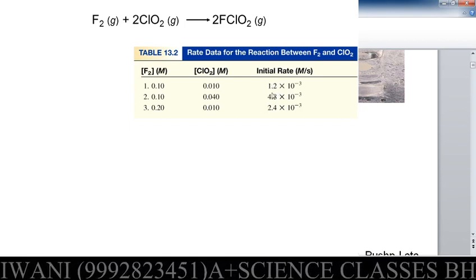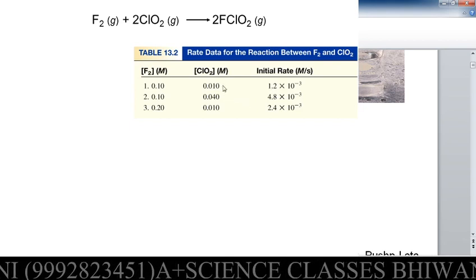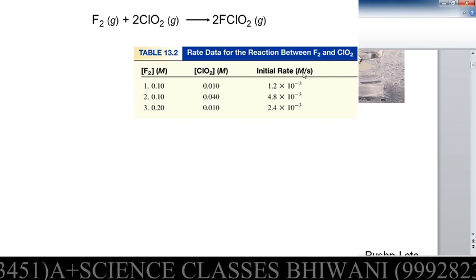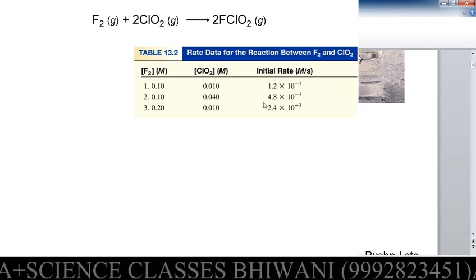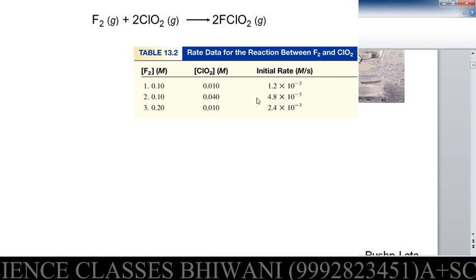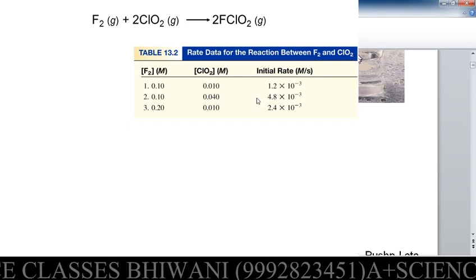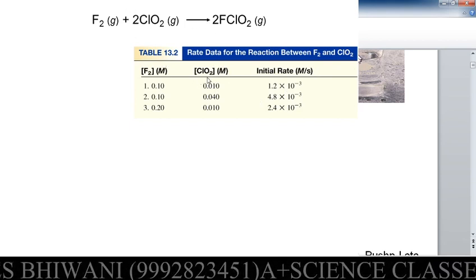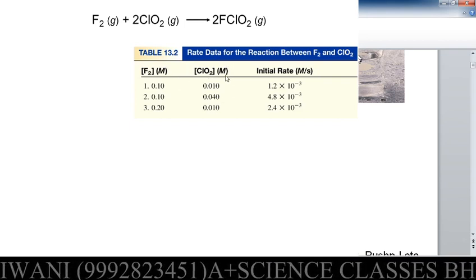Is it clear or not? So you can say that whenever the concentration increases 4 times, the rate also increases 4 times compared to the initial one. So you can say that the rate of the reaction is directly proportional to the concentration of chlorate.